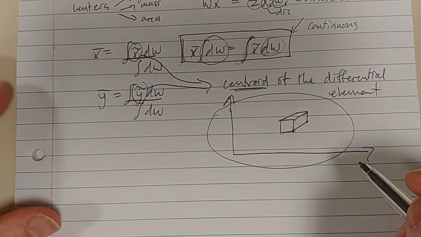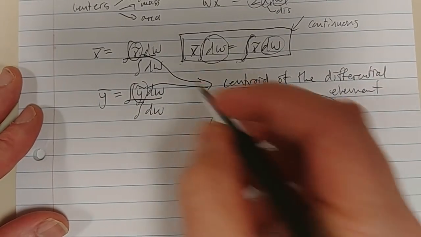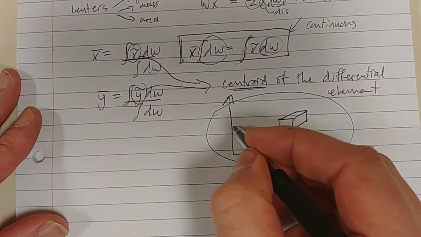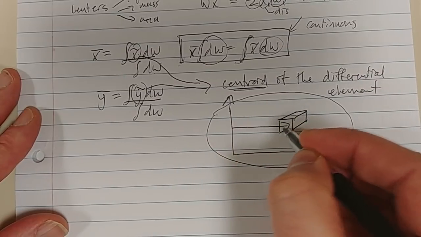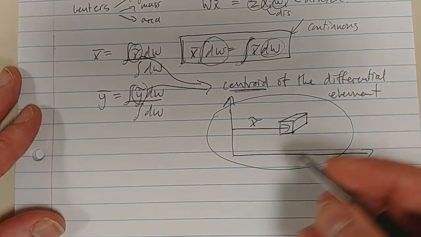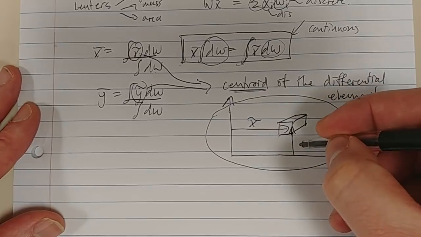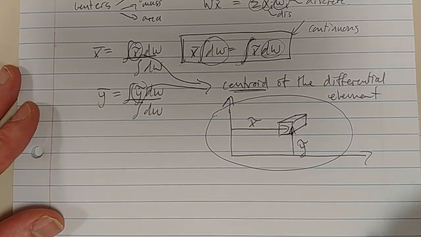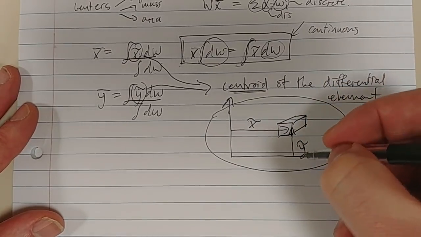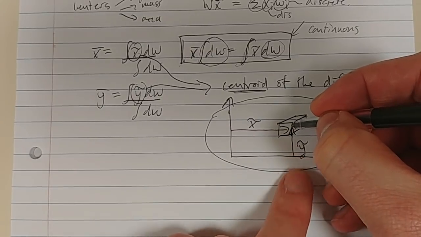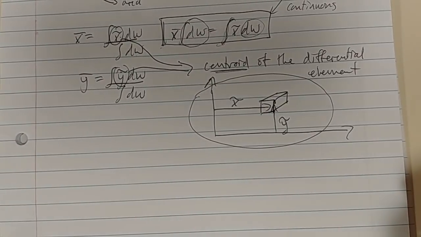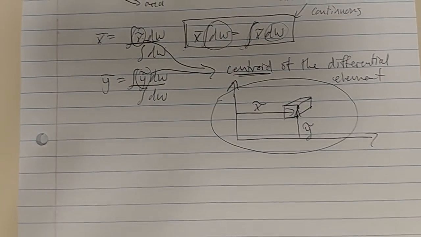So x tilde is the location of the differential element, and y tilde is the location of the differential element in the y direction. But it's the location of the centroid of that element. Okay, I hope that's clear.